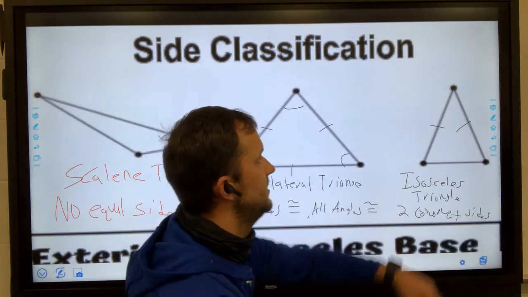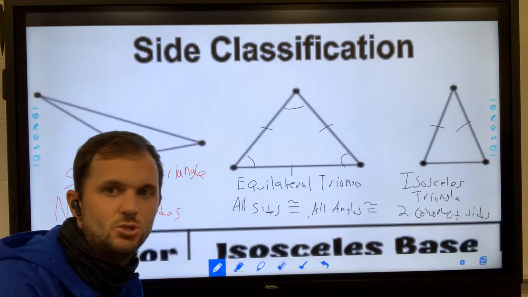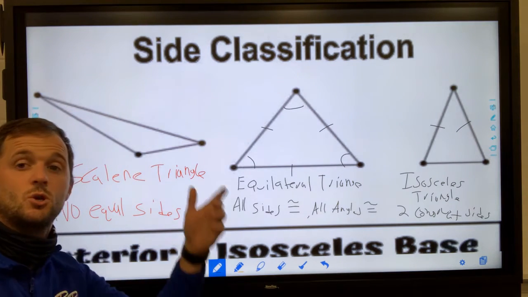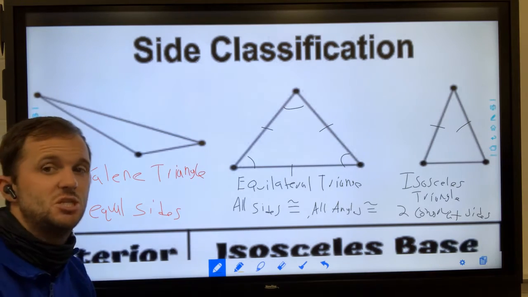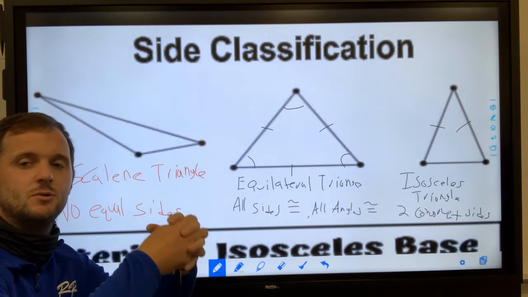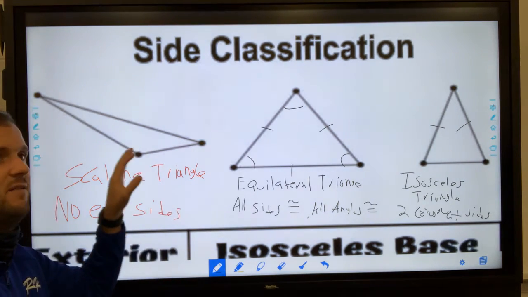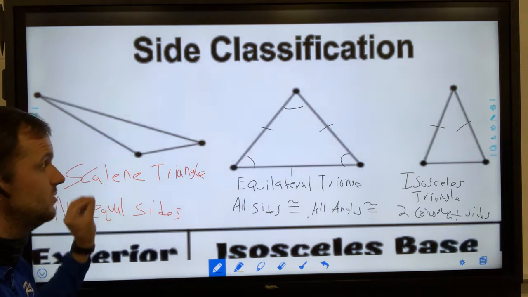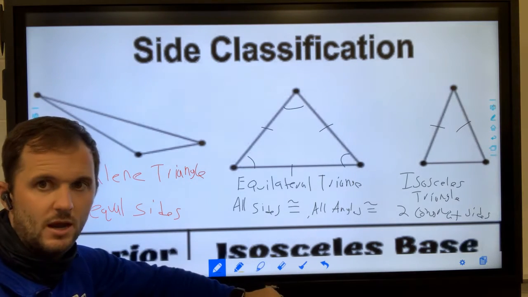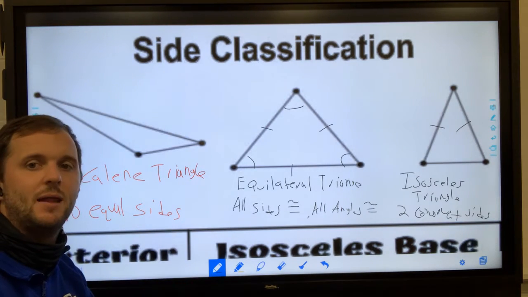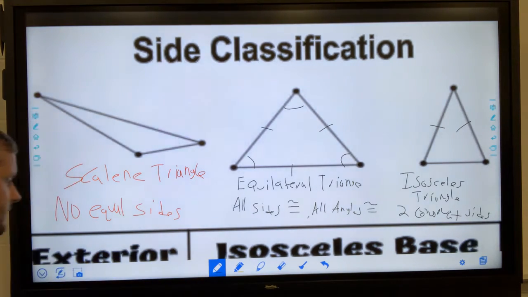So those 2 sides are congruent, which makes it an isosceles triangle, okay? So those are your angle classifications and your side classifications. And just to let you guys know, you can combine those together. So you could have an obtuse scalene, or you could have an acute equilateral triangle. It's just the way you can combine them, but these are the ways you can classify those, okay?